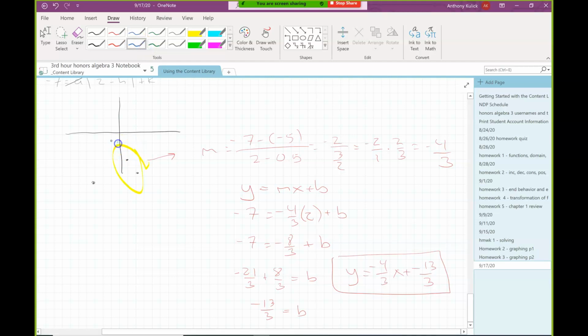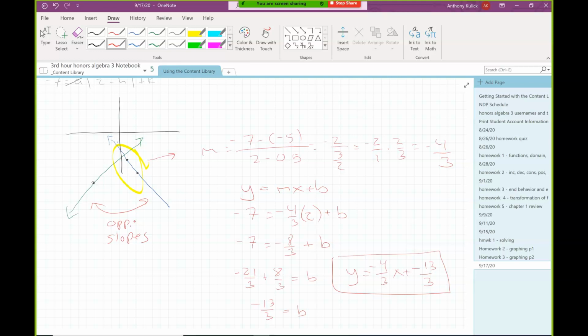So I can say something about this line here, right? That part of my absolute value. What can I say about this part of this absolute value? Oh, I shouldn't say that. They should have opposite slopes, right?